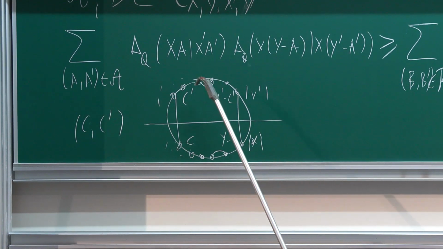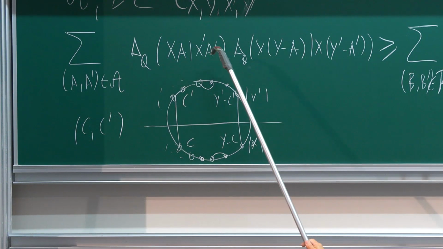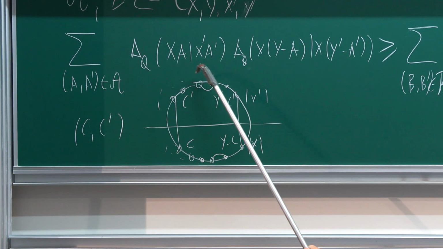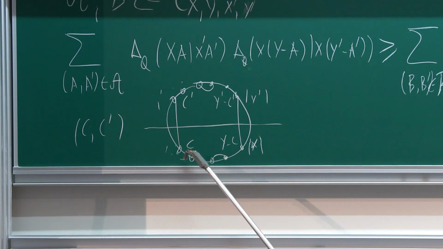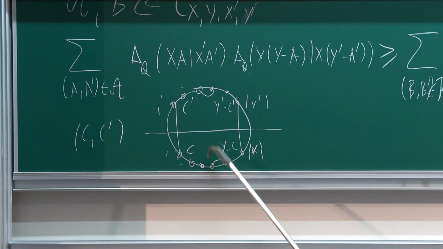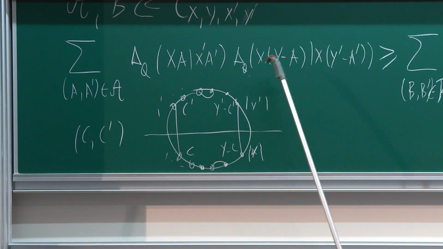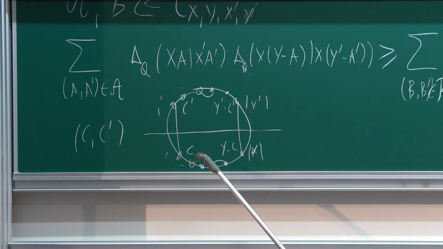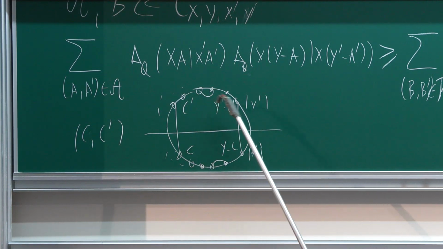So here we have these two guys. Therefore they will give a set of white sinks and white sources, and this guy will give us black sources and black sinks.